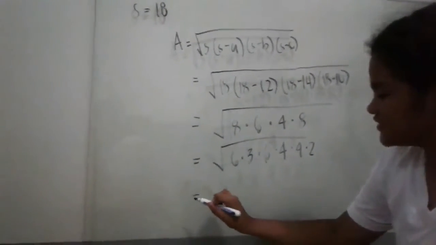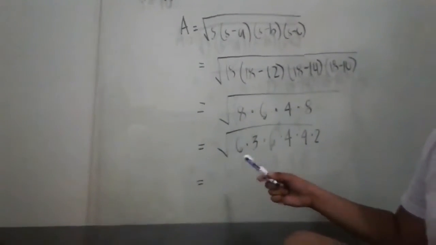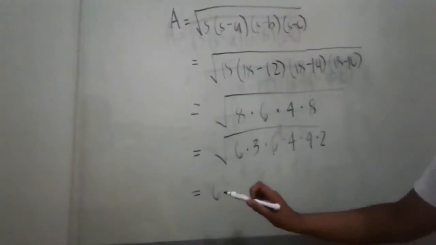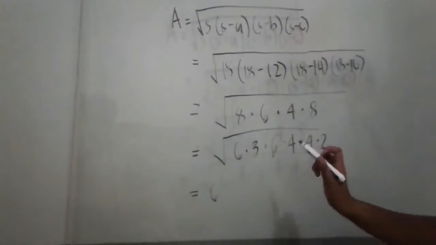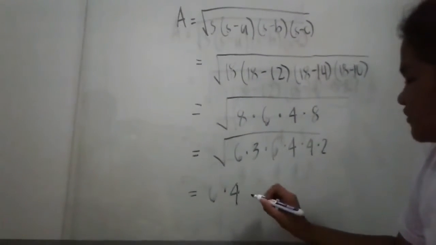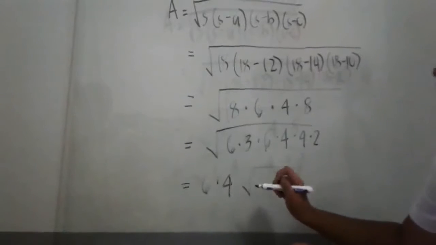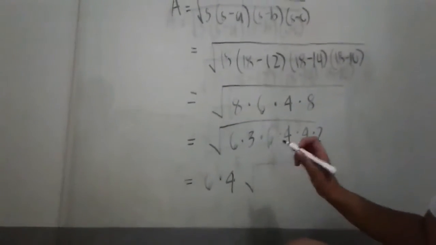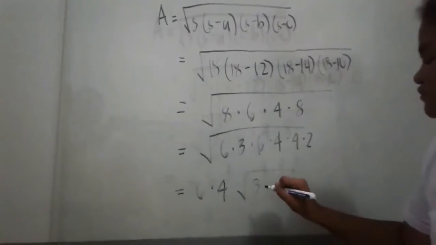So for this case, we will put this number outside the radical sign. So we have 6 outside the radical sign, and the same goes for number 4. So what stays inside the radical sign are numbers 3 and 2.